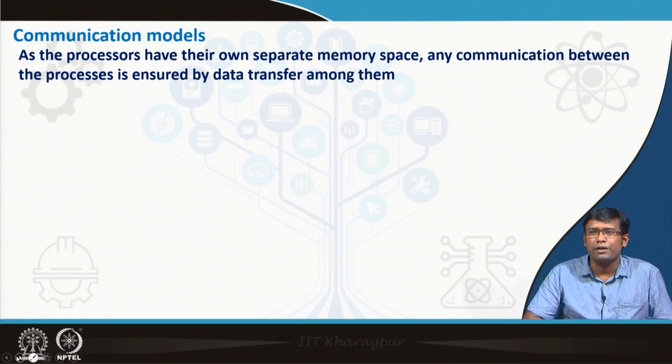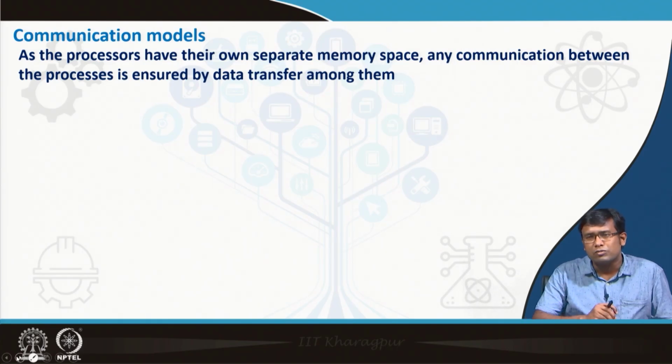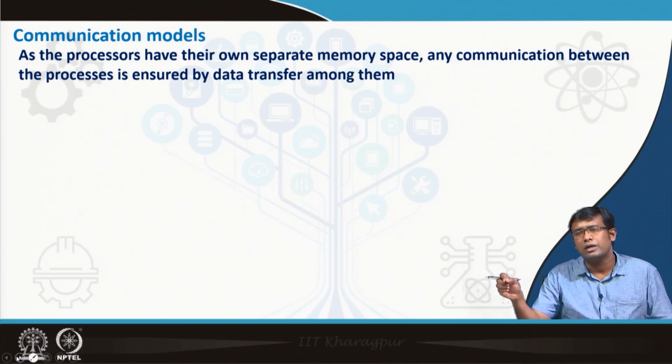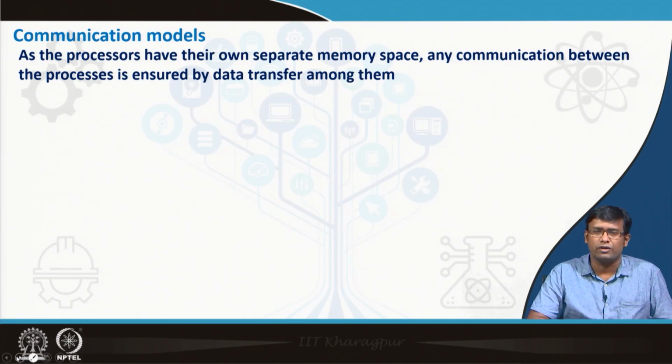Similarly, information cannot directly go from one memory to another memory, because these are disjoint memory spaces. The processor has to identify that piece of information and do a data transfer across the network cable or across the interconnect switch, and send that data to the processor who wants that particular information.